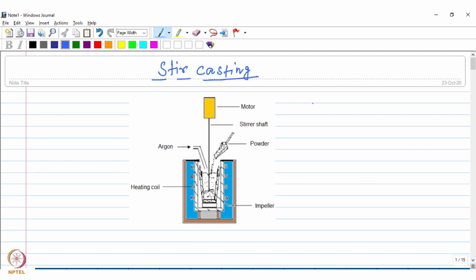So as the name itself suggests, you basically stir the melt and add the second phase reinforcement into the molten metal when it is being agitated.